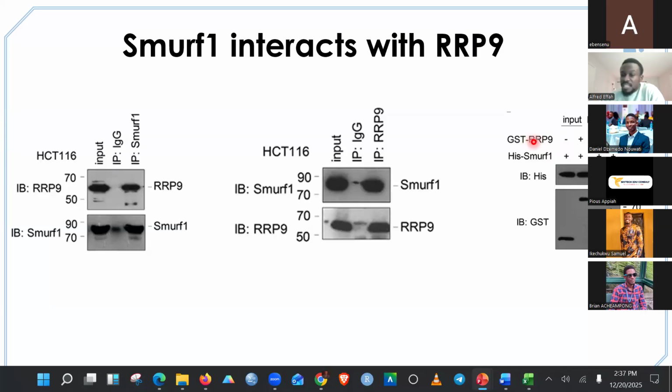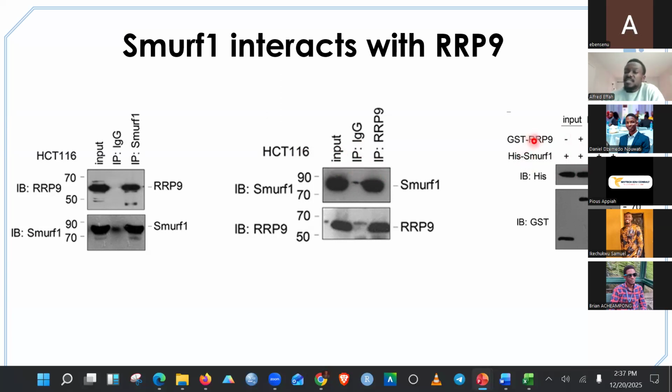Now, when we have the GST-RRP9 present, we incubate, we perform the pull down, we are seeing a band for SMURF1, and then we are also seeing a band for RRP9, which tells you that yes, the interaction we are seeing here is not mediated by anything. It is a direct interaction between the two.